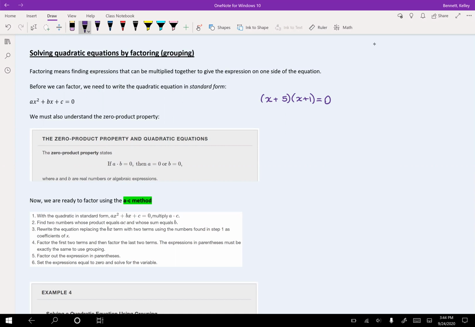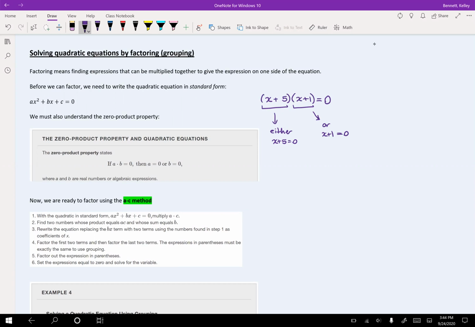When I have 2 things that multiply to be 0, one of them has to be 0. I cannot multiply 2 non-zero terms together and have that produce a 0. So either this is 0 or x plus 1 equals 0.